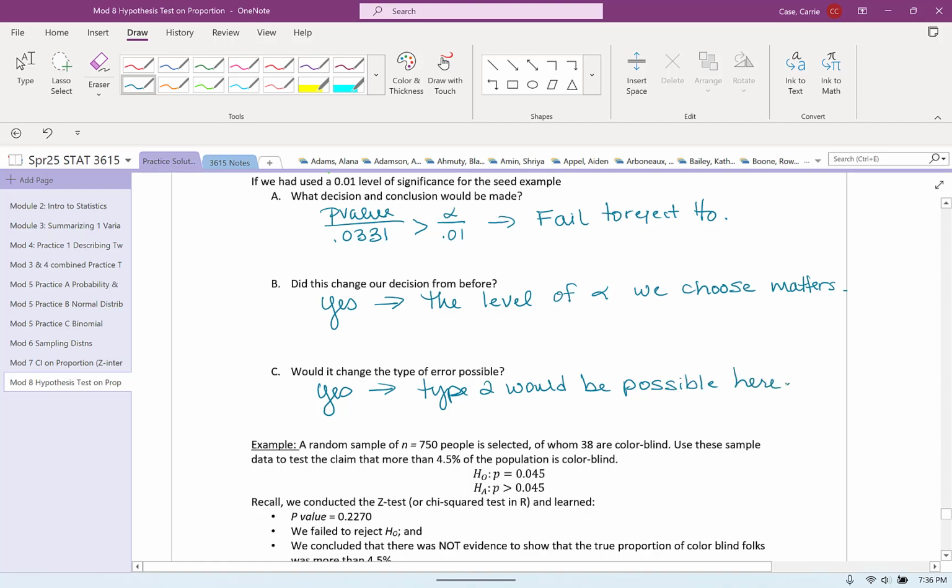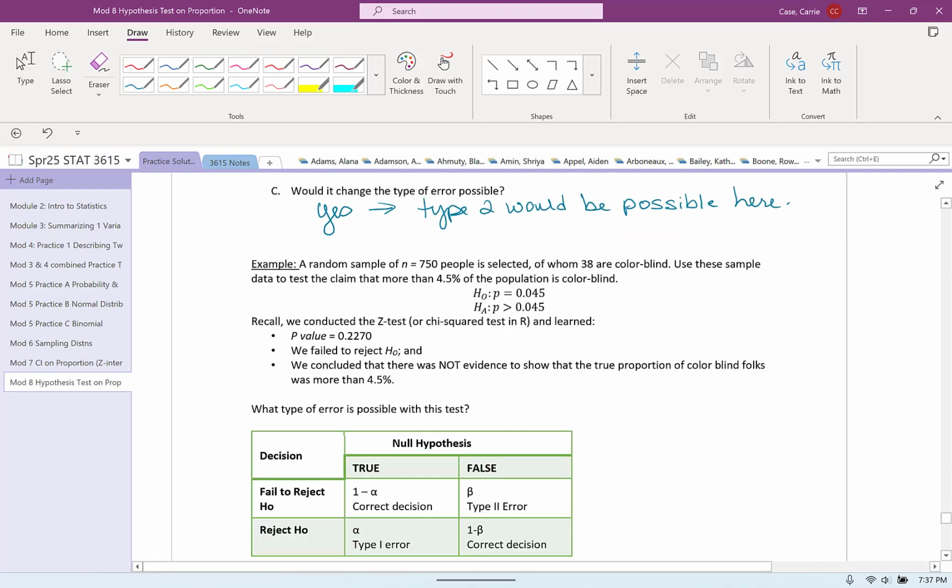So it's really important to choose our alpha level before we ever start the test, or to know that there's a level of significance cutoff level that we decide on in our field. And if you don't want to decide on a level of alpha, you just report the p-value. And you make some arbitrary decision, but someone else could make a different one if they wanted to.